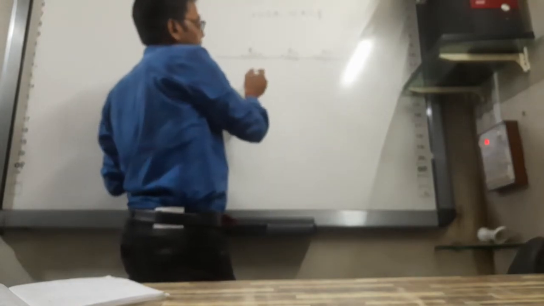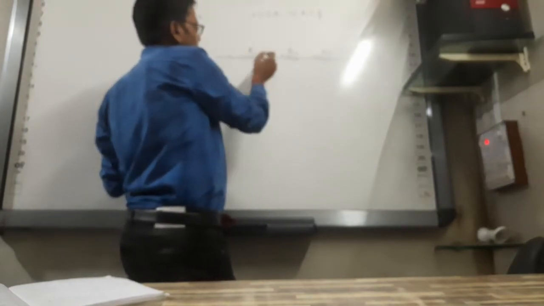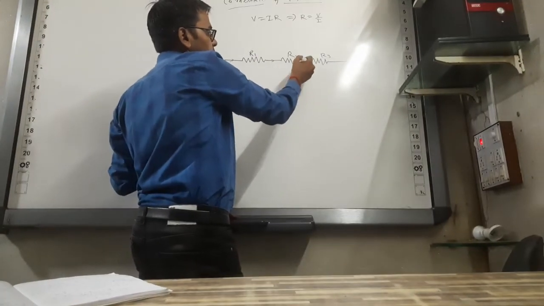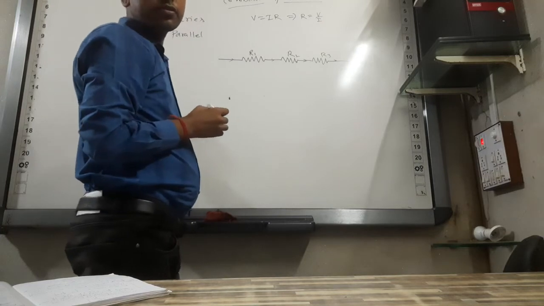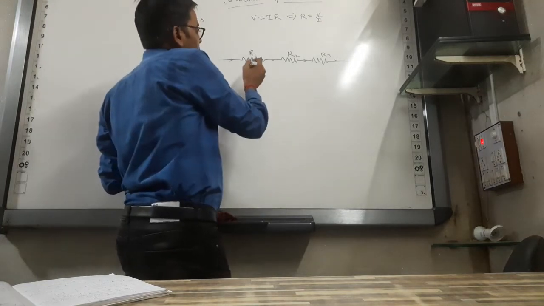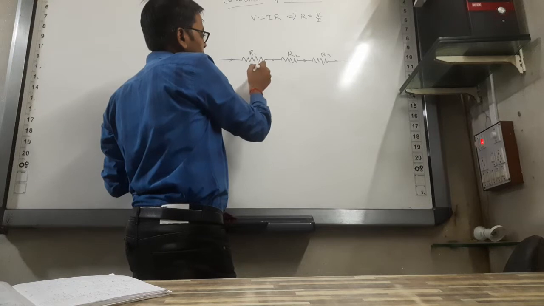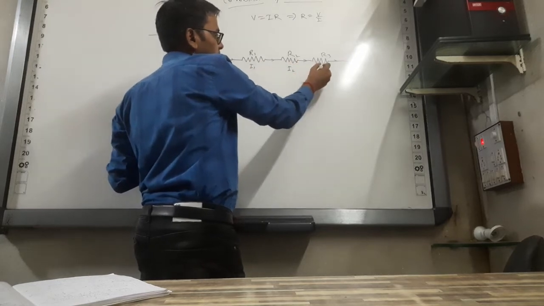In this case, the same current flows through these resistances, I1, I2 and I3.